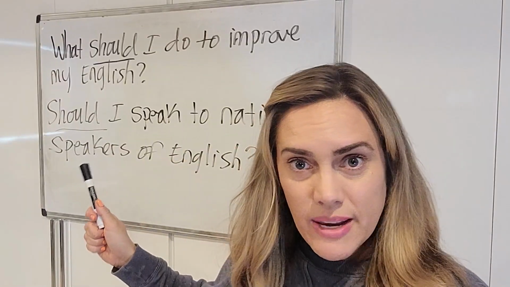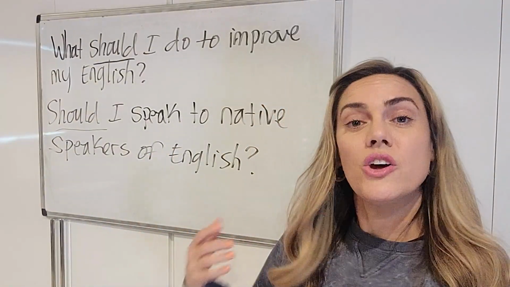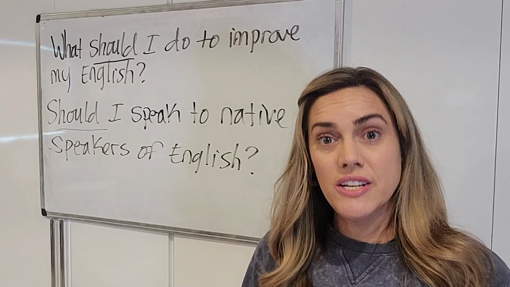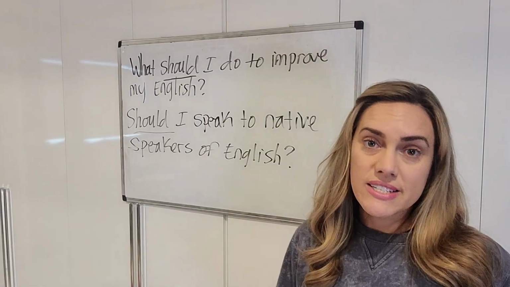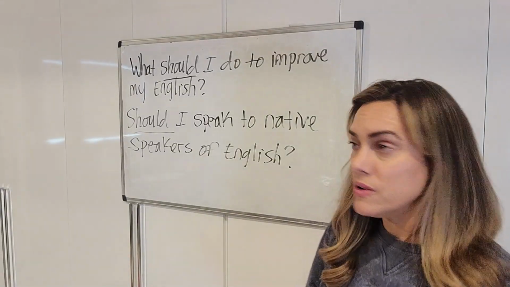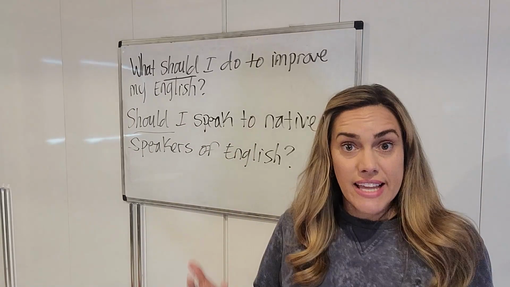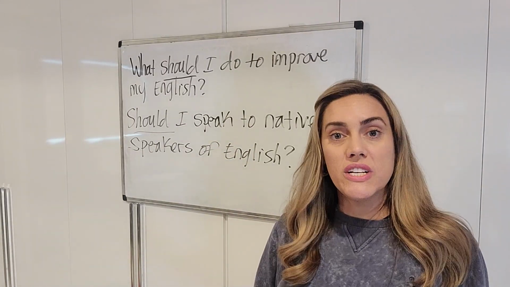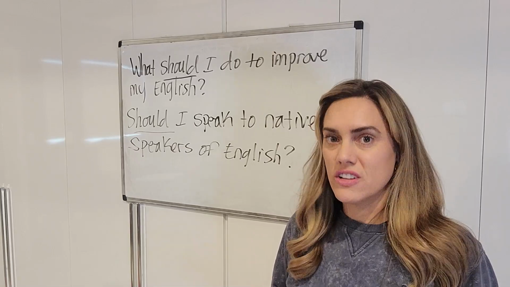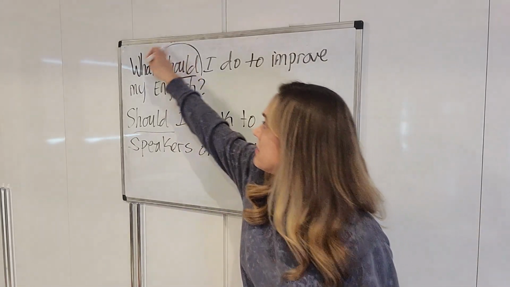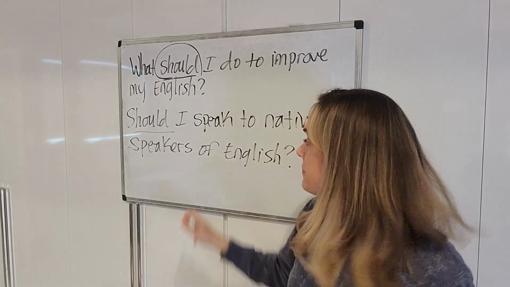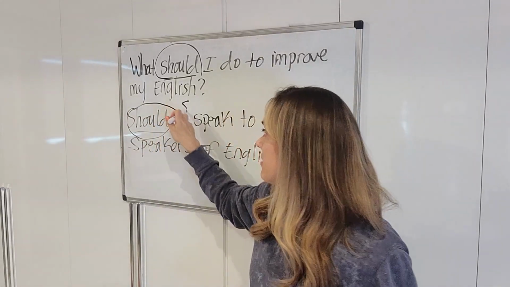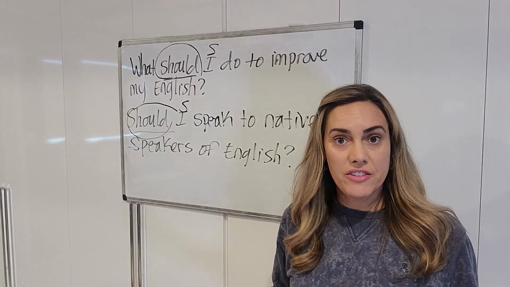So here are some examples of some great questions using should, but notice because should is a modal, it acts like a helping verb. And when you make questions, you always need to put the verb before the subject. So here's the verb or the helping verb. And then we have the subject right afterwards.